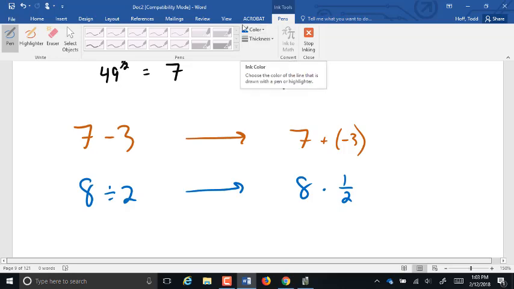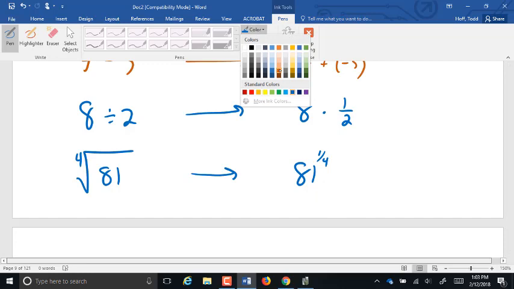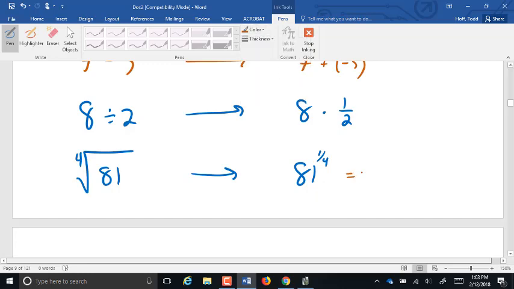The same thing here. A 4th root of a number like 81 could be defined as 81 to the power of 1/4. So of course that's going to be 3 or negative 3.